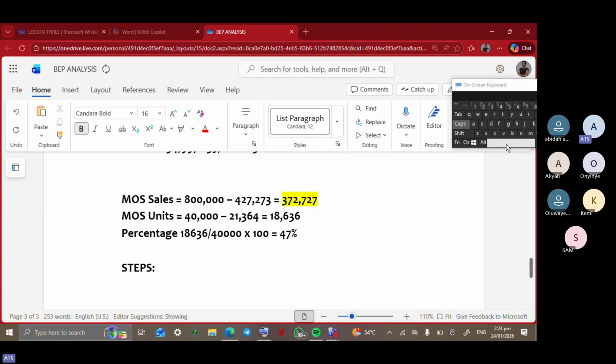So the first thing is to convert to profits before tax.